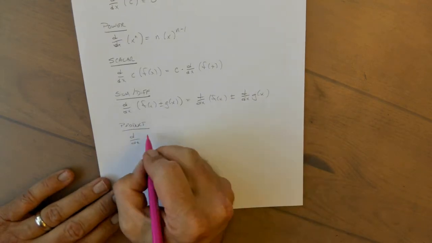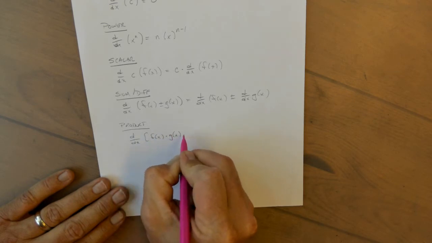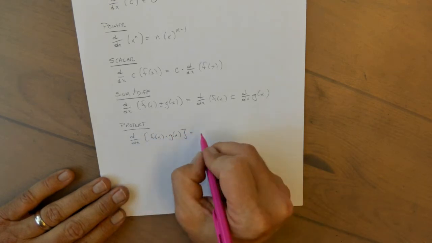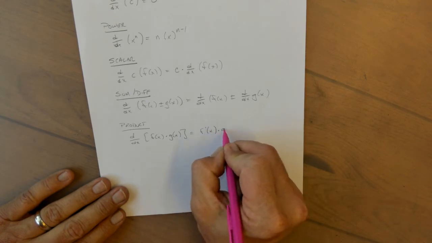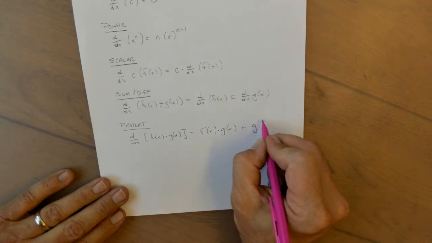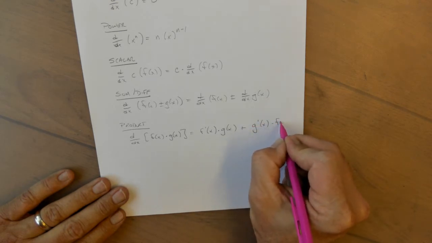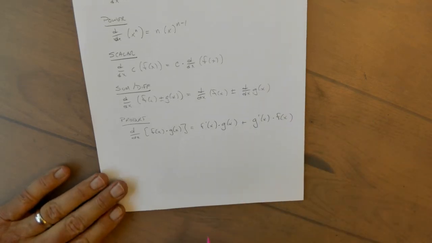So for the product, if we have f of x times g of x, the derivative is equal to f prime of x times g of x plus g prime of x times f of x. And again, the order doesn't matter because we're adding there.